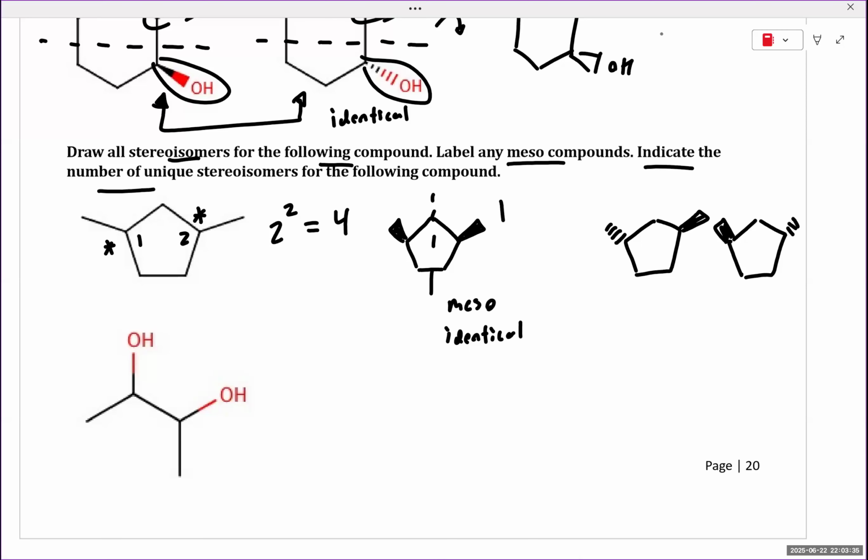So in total, we have 1, 2, 3 unique stereoisomers, because in the case where the configuration is the same at each of these carbons, if they're both drawn wedge or both drawn dash, this represents a meso compound. So you would not draw the meso compound's enantiomer as a unique stereoisomer. So there are only 3 unique stereoisomers for this compound, and one of the stereoisomers is a meso compound.